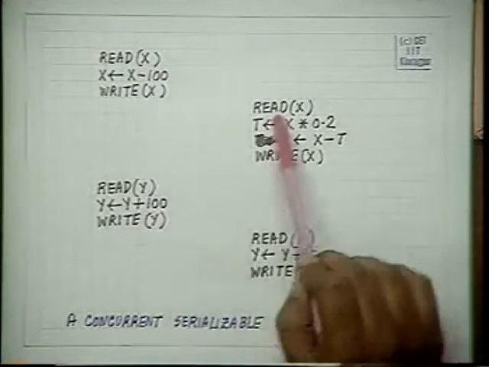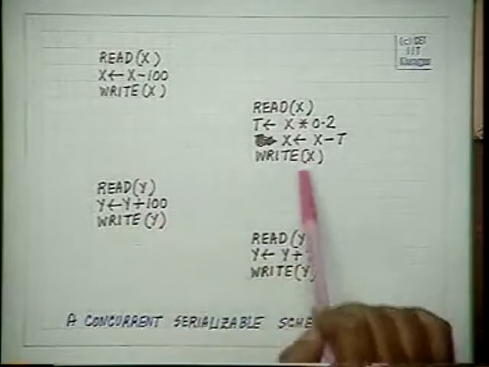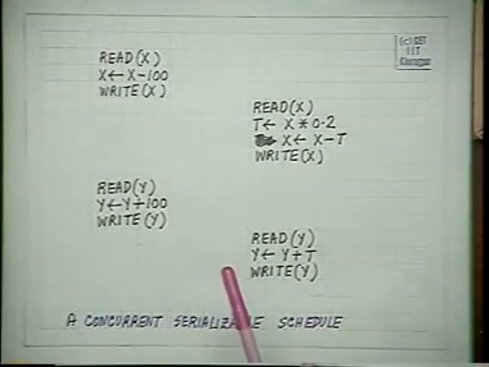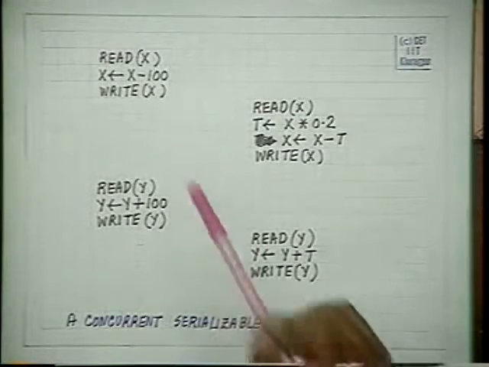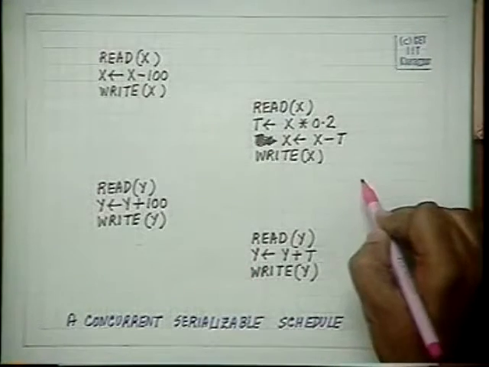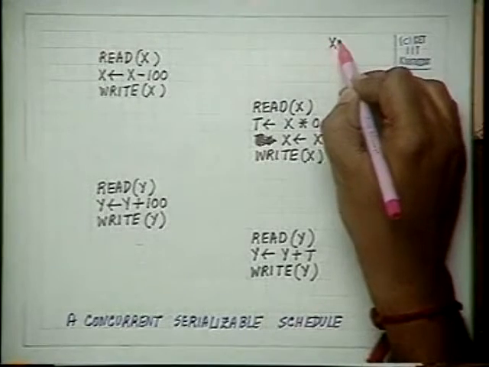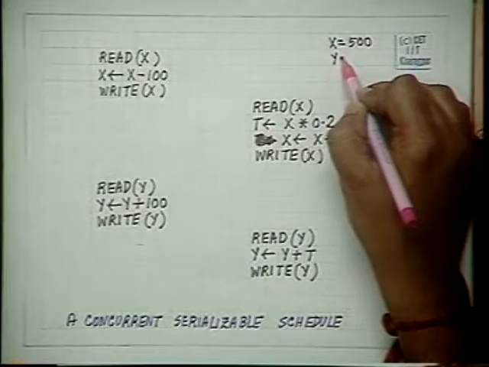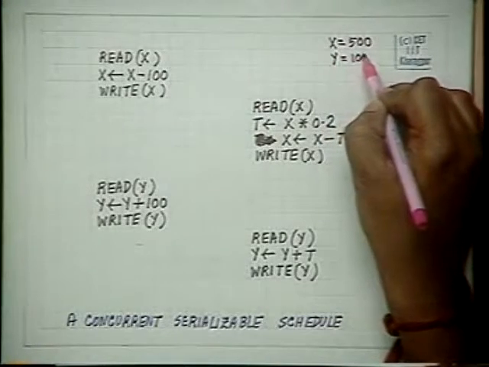Now, is this interleaving schedule consistent with our consistency criteria? Let us see. Let us start with x equal to 500 and y equal to 1000.